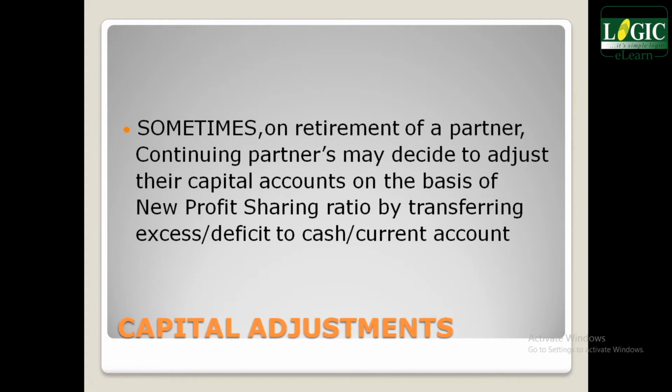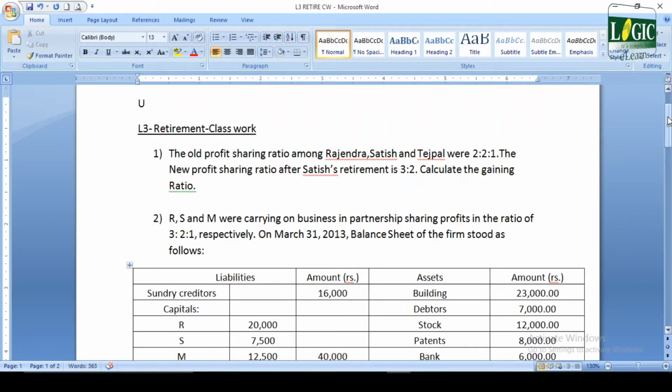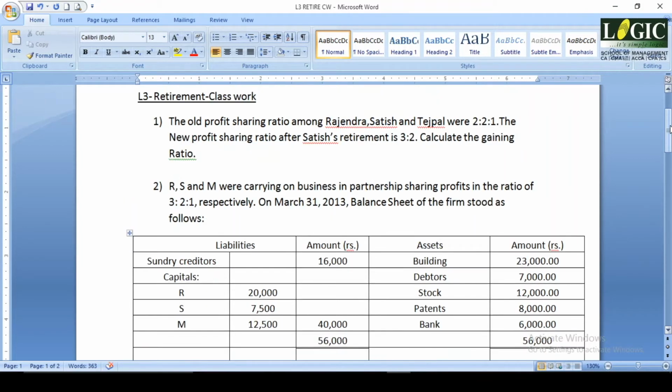Okay students, the first concept to be learnt is how to calculate gaining ratio. The question given to us: the old profit sharing ratio among Rajendra, Satish and Tejpal was 2:2:1. The new profit sharing ratio after Satish, the middleman, retires is 3:2.